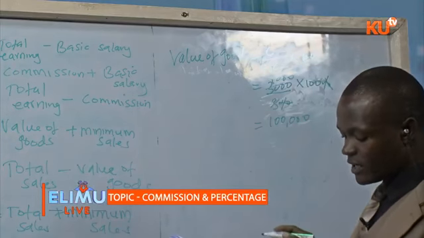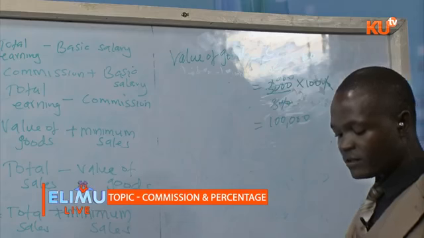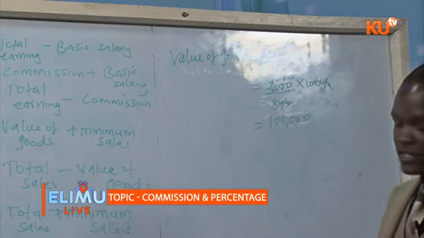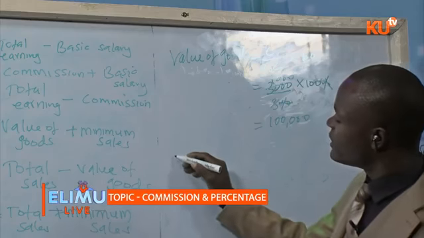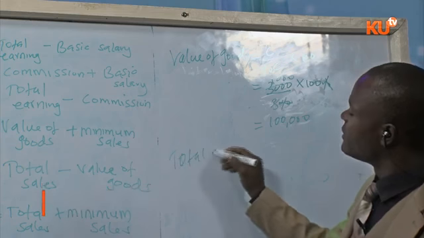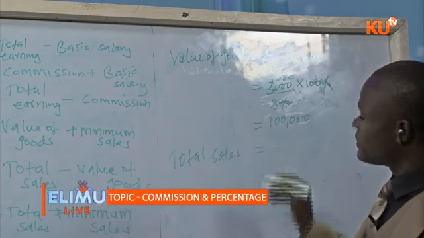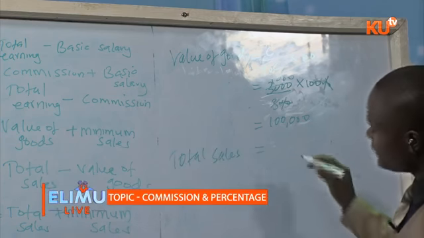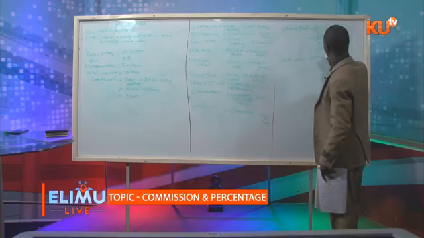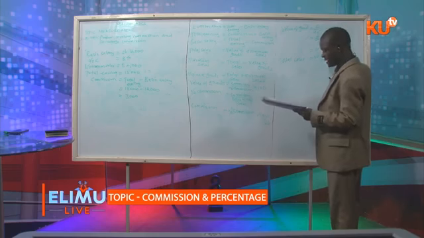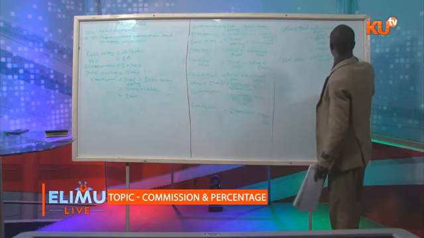So the value of goods is 100,000. So now to get the sales, because the question requires to find what was the value of total sales. So total sales is equal to value of goods plus the minimum sales.